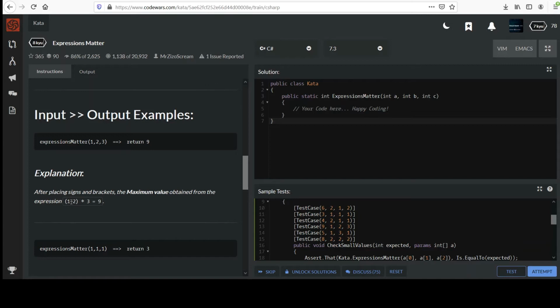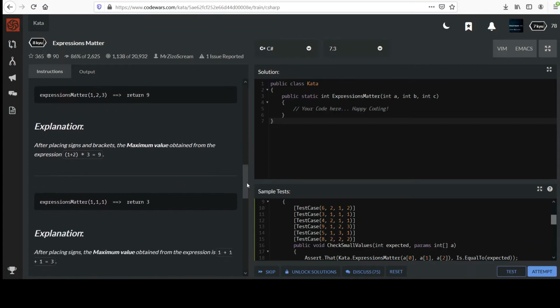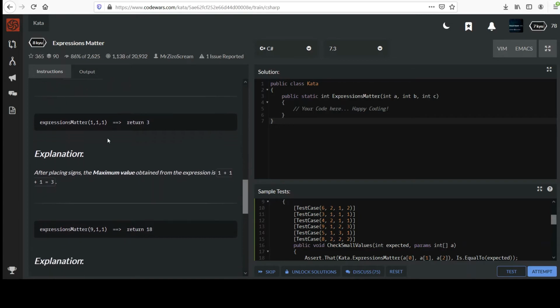So it's better to add the numbers here than to multiply them. And that's how you get the largest result. With all ones, your best bet is to straight up add all of them. Again, multiplying by 1 doesn't increase, it's just the same value. Sort of the identity function, if you will. 1 plus 1 plus 1 equals 3.